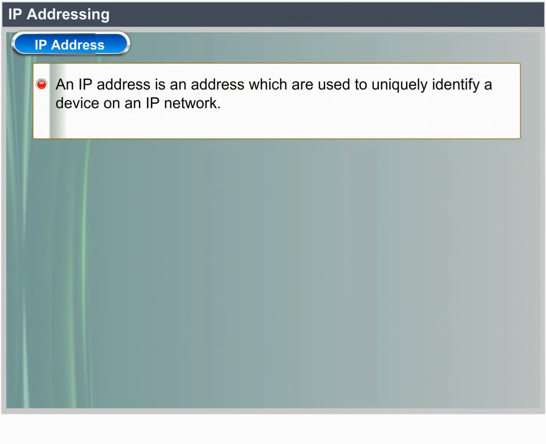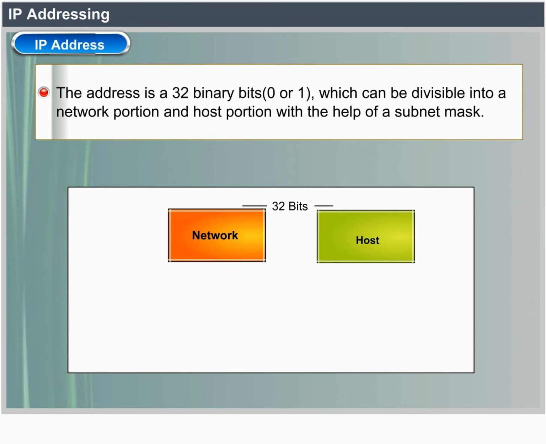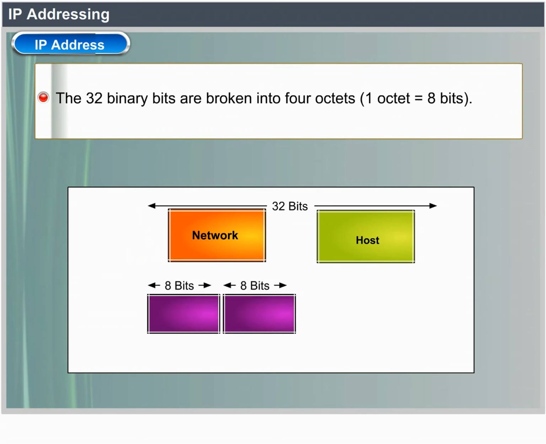IP addressing. An IP address is an address used in order to uniquely identify a device on an IP network. The address is made up of 32 binary bits, which can be divisible into a network portion and host portion with the help of a subnet mask. The 32 binary bits are broken into 4 octets. One octet equals 8 bits.